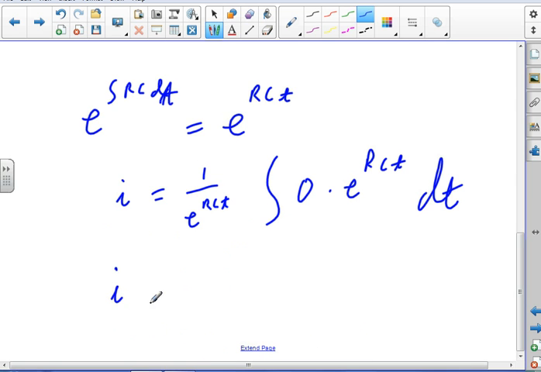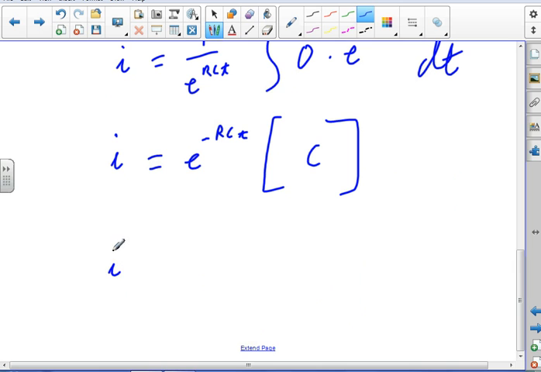I get I is equal to e to the minus t over RC, that's sort of like minus the time constant RC, times some constant. The integral of 0 is going to be 0, but I'm still going to have a constant left over. I'm going to have I at 0. Oh, no.